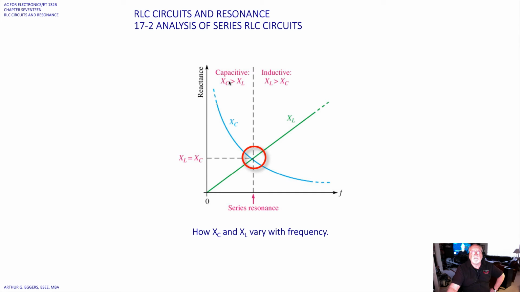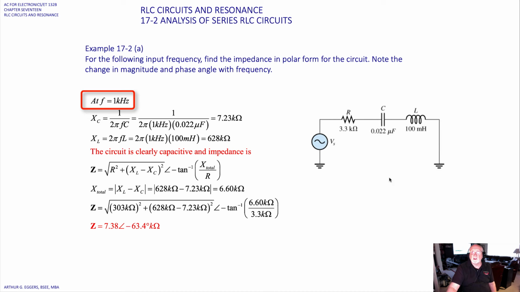On this half of the graph for the frequency and the resonance, we have capacitive: X sub C is larger than X sub L. On this half of the graph, more inductive: X sub L is greater than X sub C. So you can see we have a linear relationship for X sub L and a nonlinear relationship for X sub C. And the point where they cross, where X sub L equals X sub C, becomes known as the series resonant point. So let's take a look at an example here, and then we'll stop on this one.